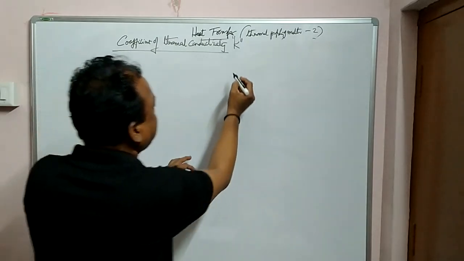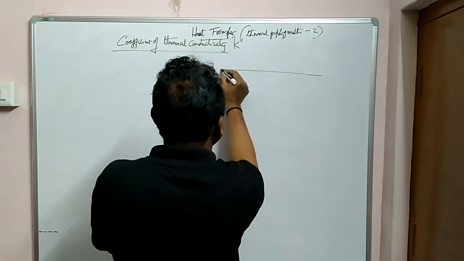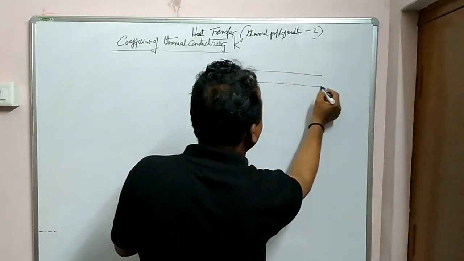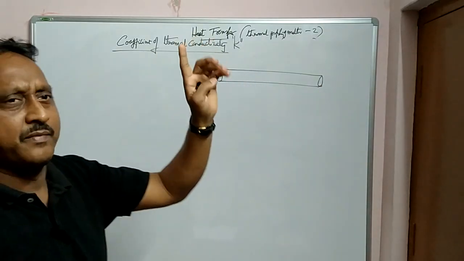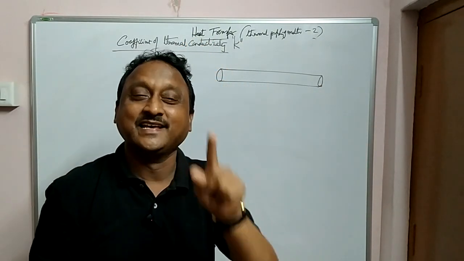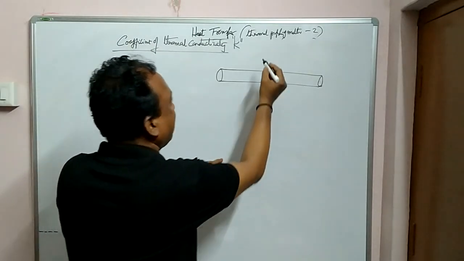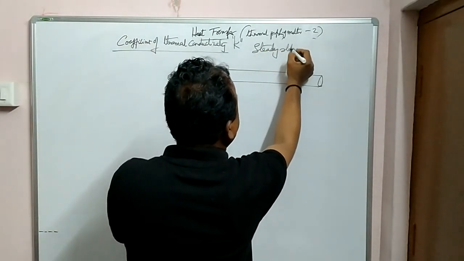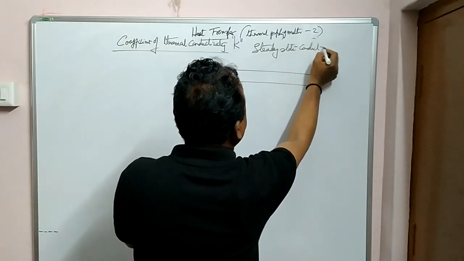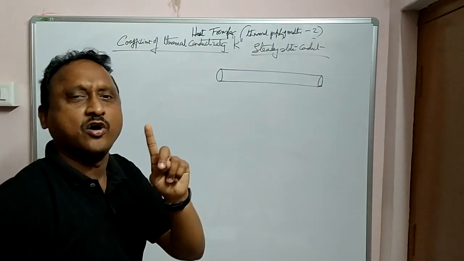Okay. Now for this, I will take an iron rod again, and please make a note, when I am explaining coefficient of thermal conductivity, it is not unsteady, it is steady state. Under steady state condition, that means the temperatures are constant.